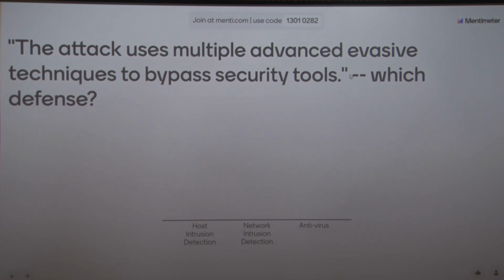The attacker is bypassing security tools. Antivirus is what the attacker first switches off, right?